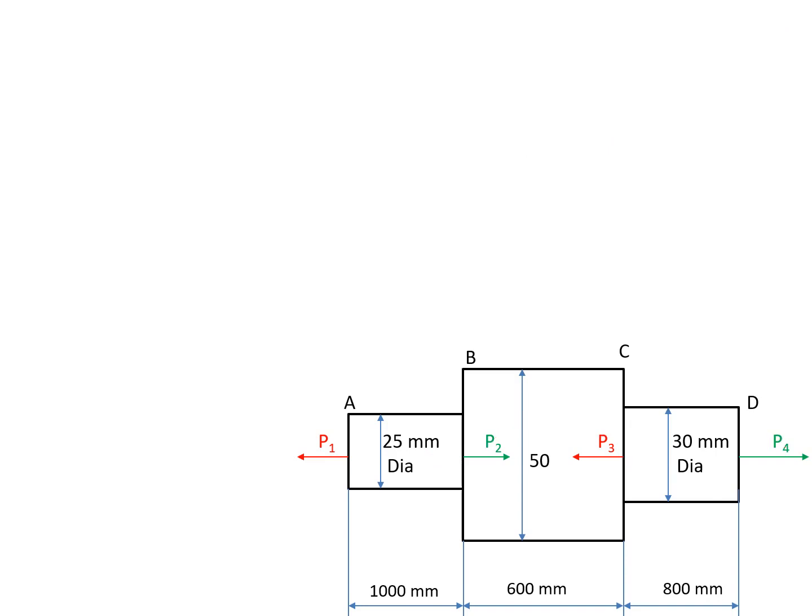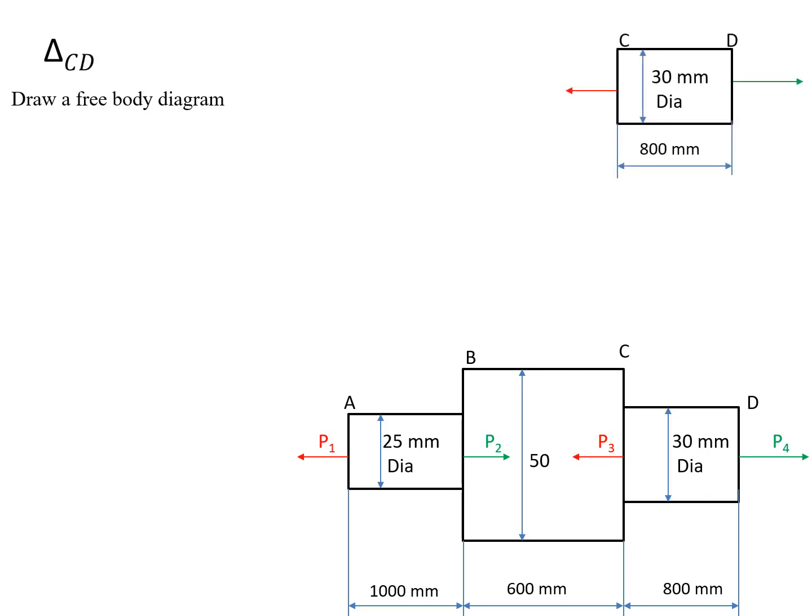Next we have to find the deformation of the CD section. For this, draw a free body diagram of the CD section. So this is the free body diagram of the CD section, and we know that delta CD equals P of CD into L of CD divided by cross section area of the CD into Young's modulus.